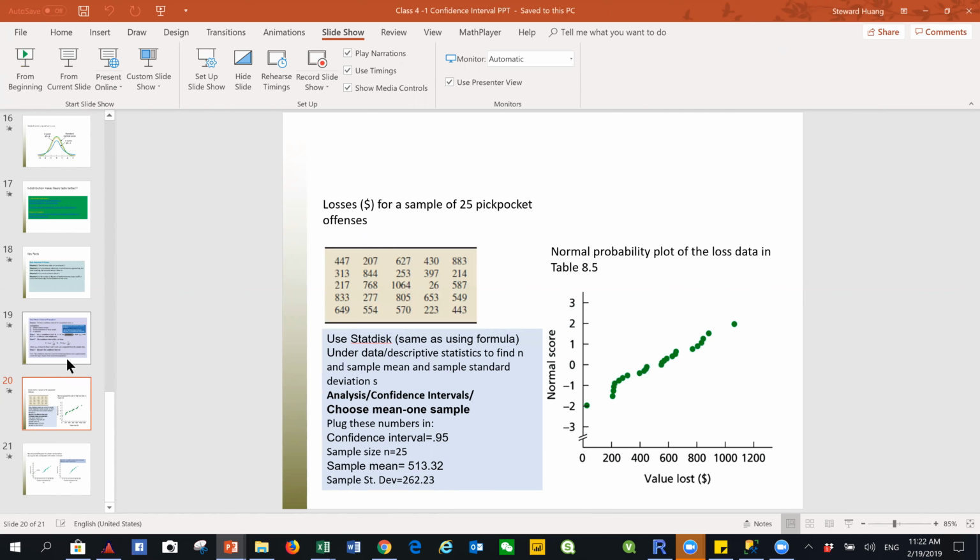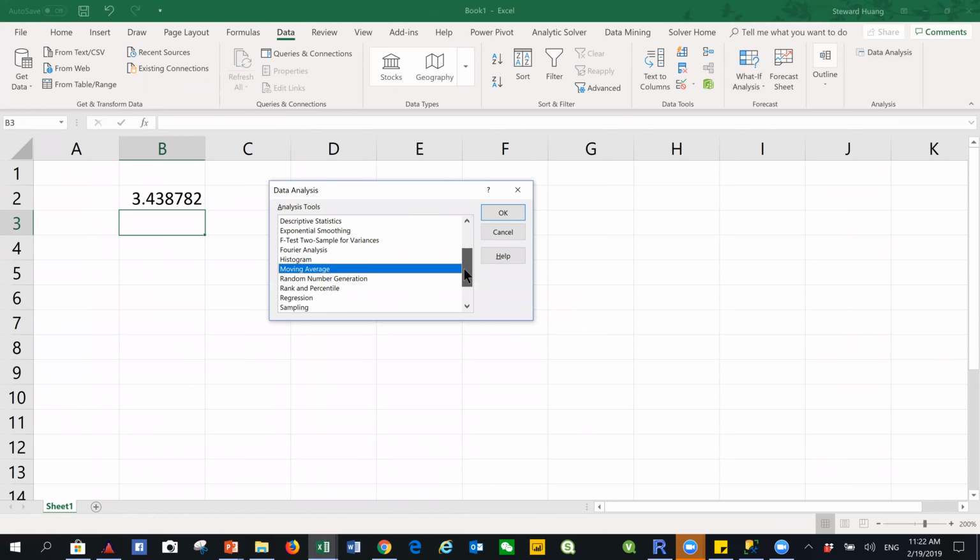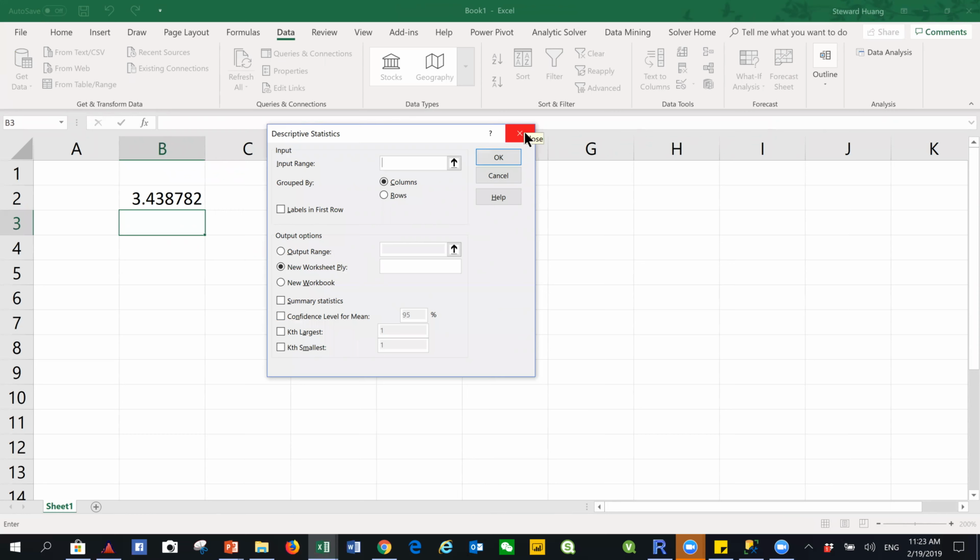Data analysis, normality plot. If you click on the descriptive statistics, there should be a normality plot. Otherwise, you have R. Also later, I will have you download Real Statistics for your third project.